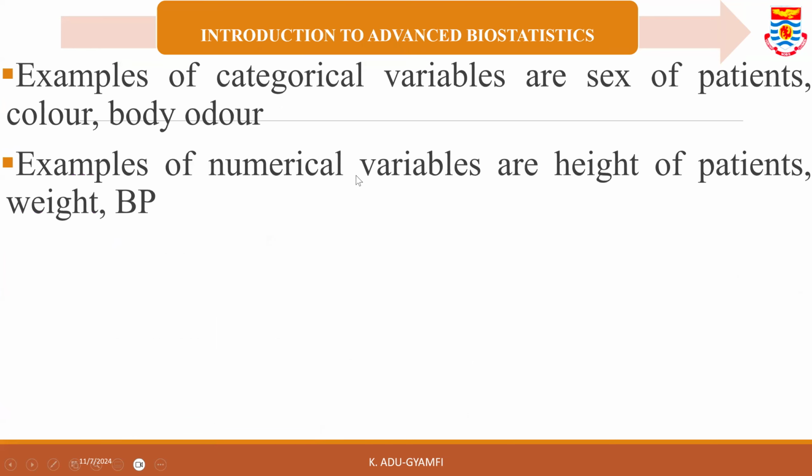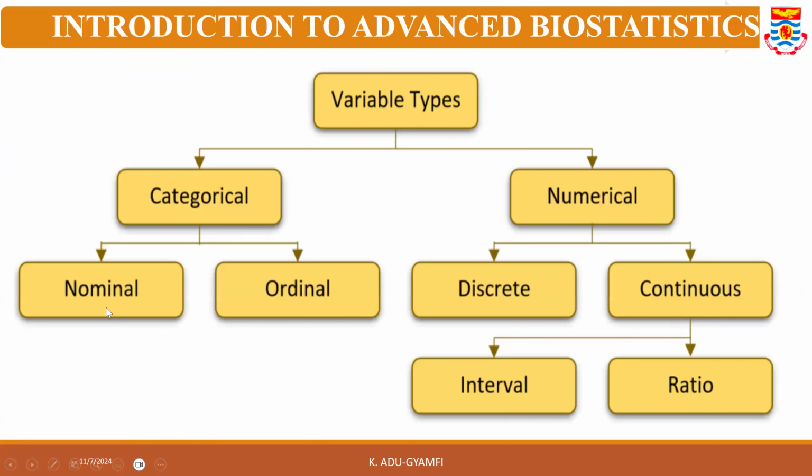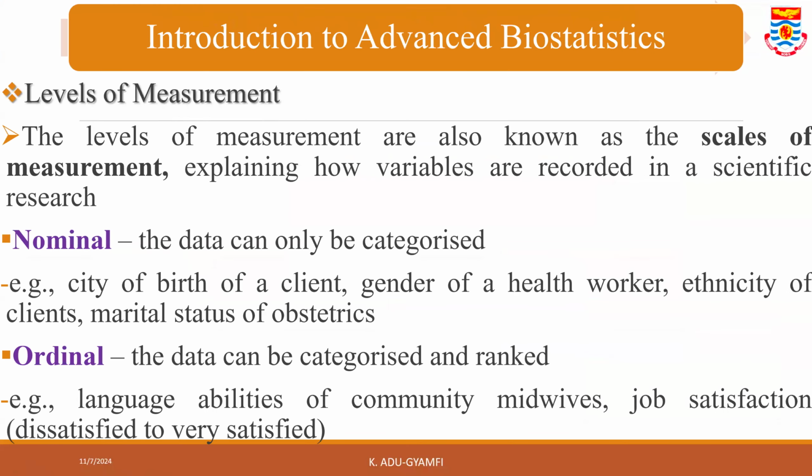There are 4 levels of measurement, and these are nominal, ordinal, interval, and ratio. 2 of them come from categorical, the other 2 come from numerical. So you should know at which level of measurement the data for this variable was taken.